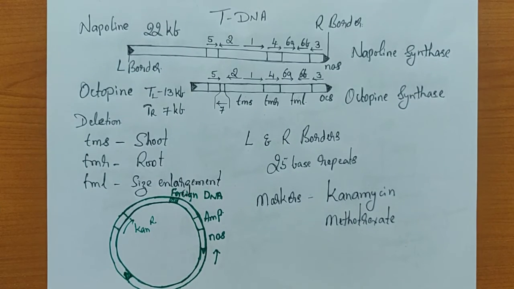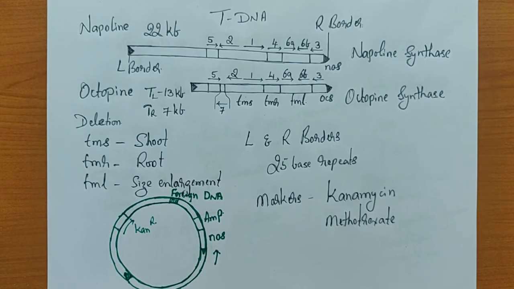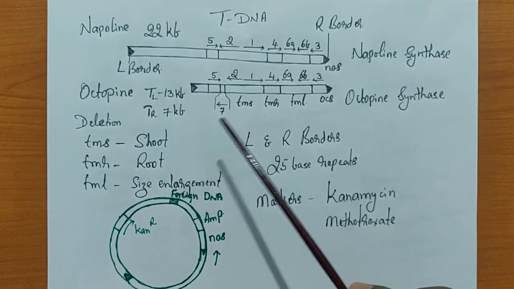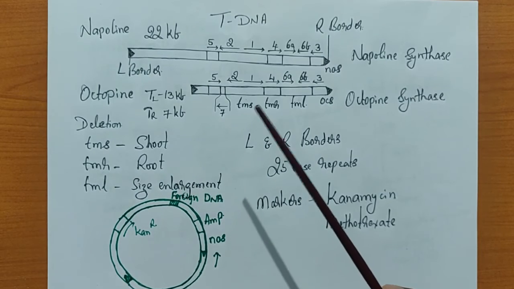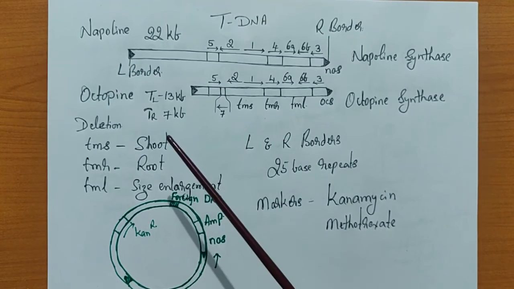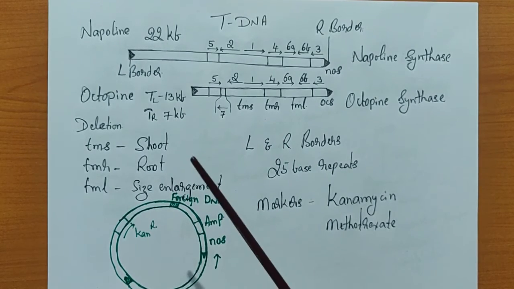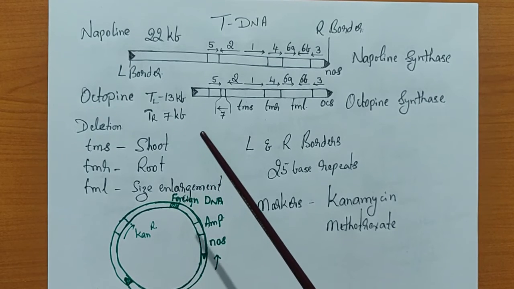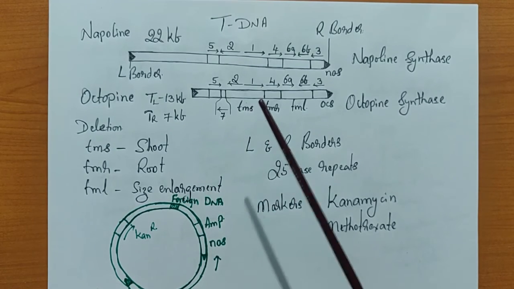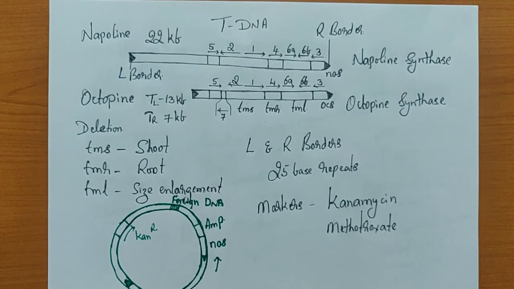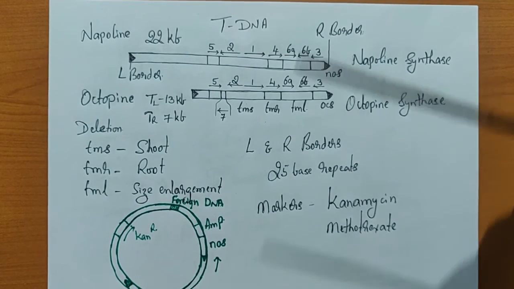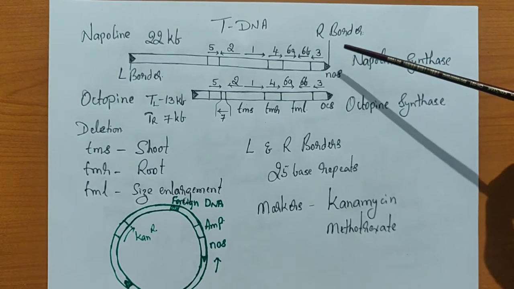Alright, now I think we will discuss the genetic details of the Ti plasmid. I told you these particular plasmids have a size of 140 to 235, as I discussed earlier. The entire plasmid is not integrated into the plant chromosome.